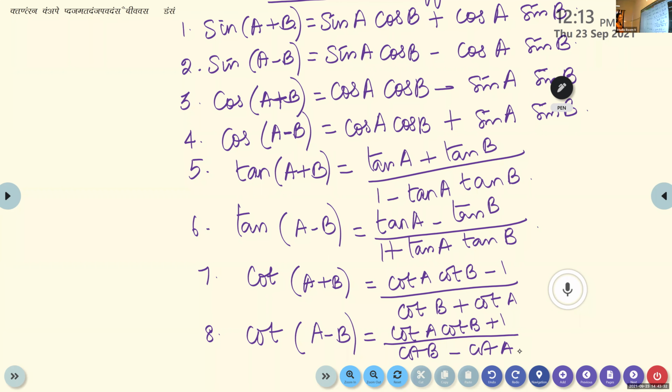Cot of A plus B? Cot A cot B minus 1 by cot B plus cot A. Okay. Cot of A minus B? Cot A cot B plus 1 by cot B minus cot A. Okay.